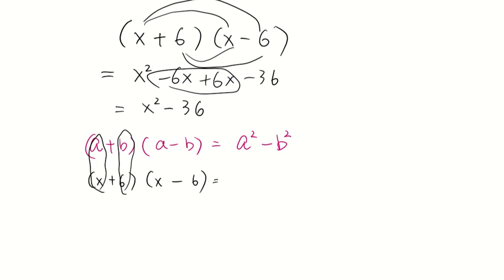So now a plus b times a minus b should be equal to a squared, which is x squared, minus b squared, which is 6 squared, so x squared minus 36. So next time you see multiplication with the pattern a plus b times a minus b, you can use this formula instead of multiplying 2 by 2. That's faster.